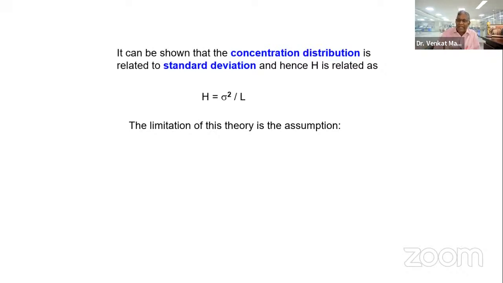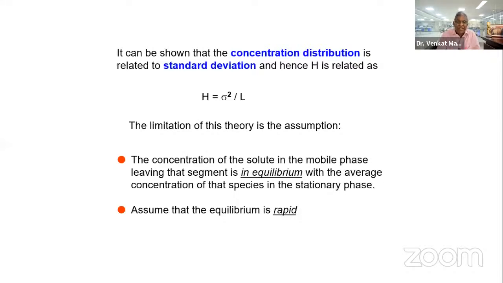Now, this plate theory is an ideal theory. It has got some limitations because I have assumed here that when the mobile phase is passing through the column, every segment is in constant equilibrium, and the equilibrium is also very rapid. This assumption I have made.